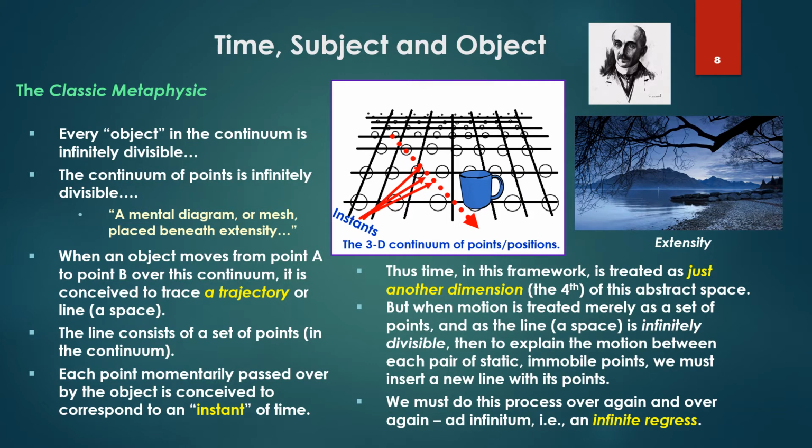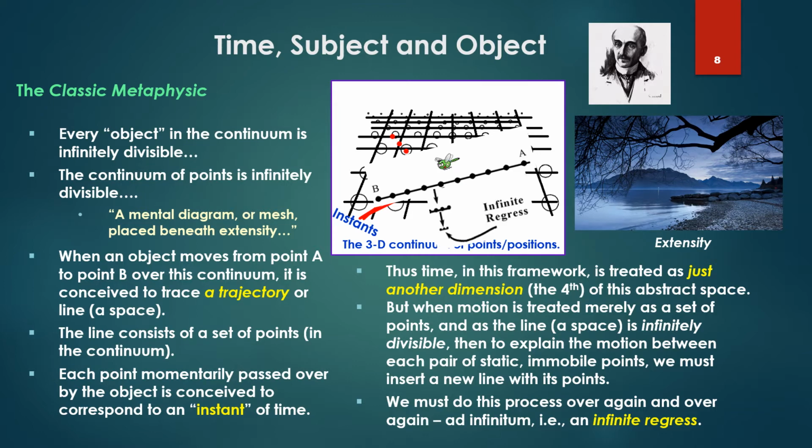But when motion is treated merely as a set of points, as the line, a space is infinitely divisible, then to explain the motion between each pair of static and mobile points, we must insert a new line with its points. For example, our little fly flying from point A to point B. We insert a line between points, but that line between the first 2 points is, again, an infinitely dense set of points.